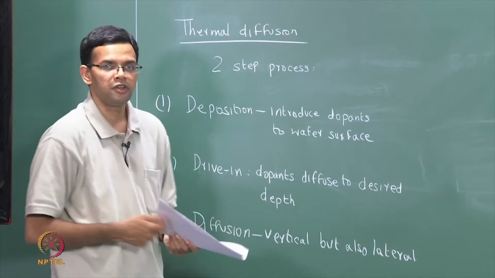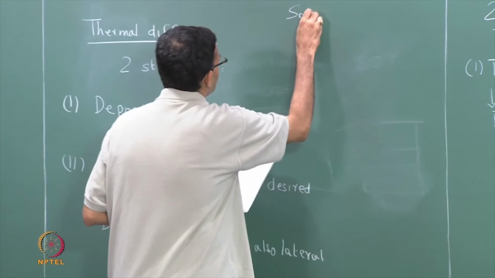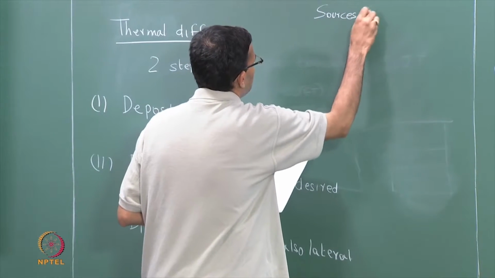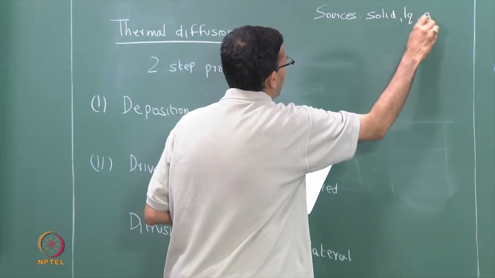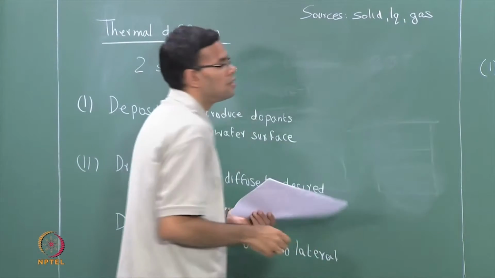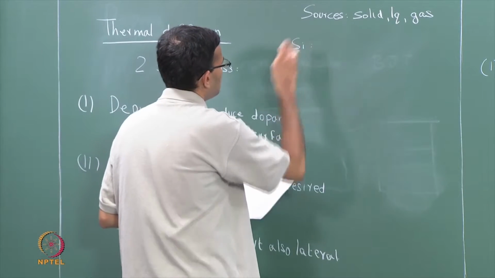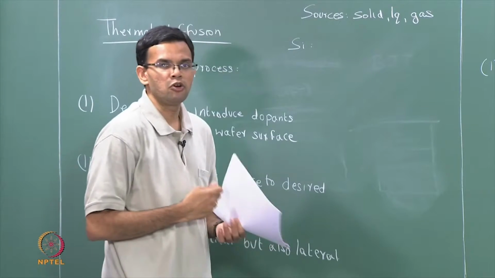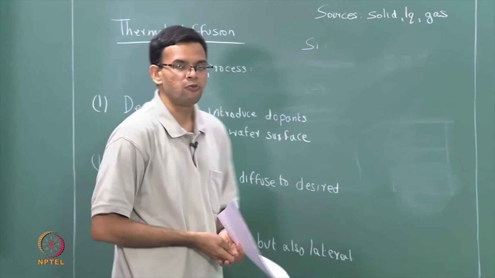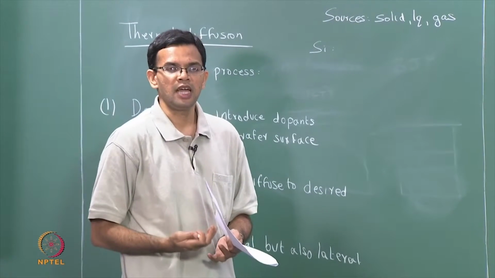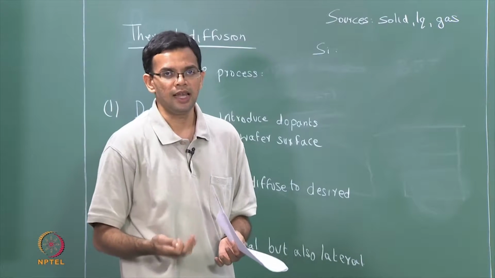So we can have different sources for diffusion. Your sources could be a solid source, liquid or gas. To give an example, consider this case of silicon. We know that you can have both p-type and n-type dopants. Silicon is a group 4 element, so your p-type dopant would be something from group 3 that has one less electron.